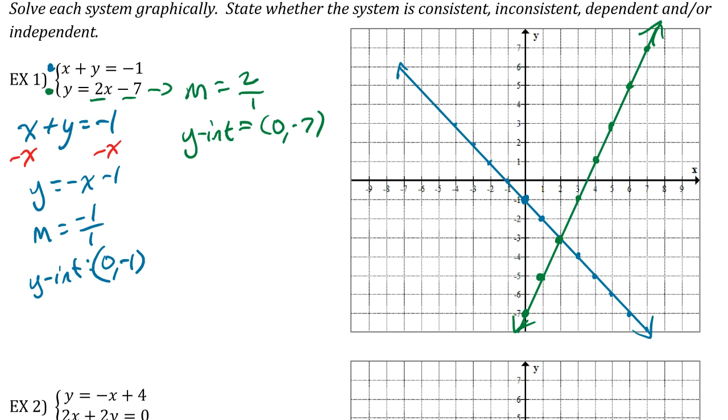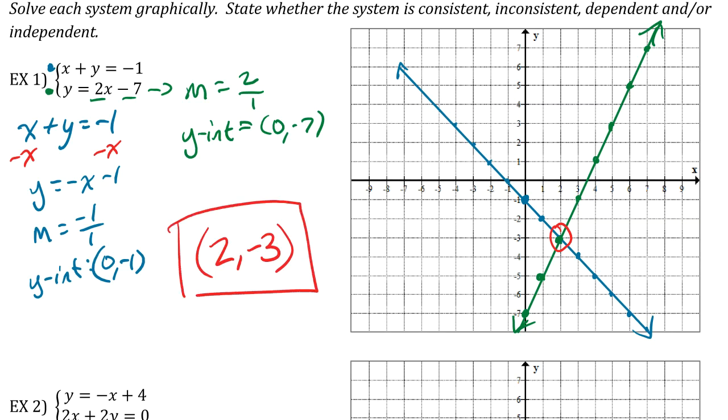All right, the hard part is done. So once we're here, all we have to do is look at where they intersect. All right, so in this case, they intersect at 2, -3. And that's our answer.